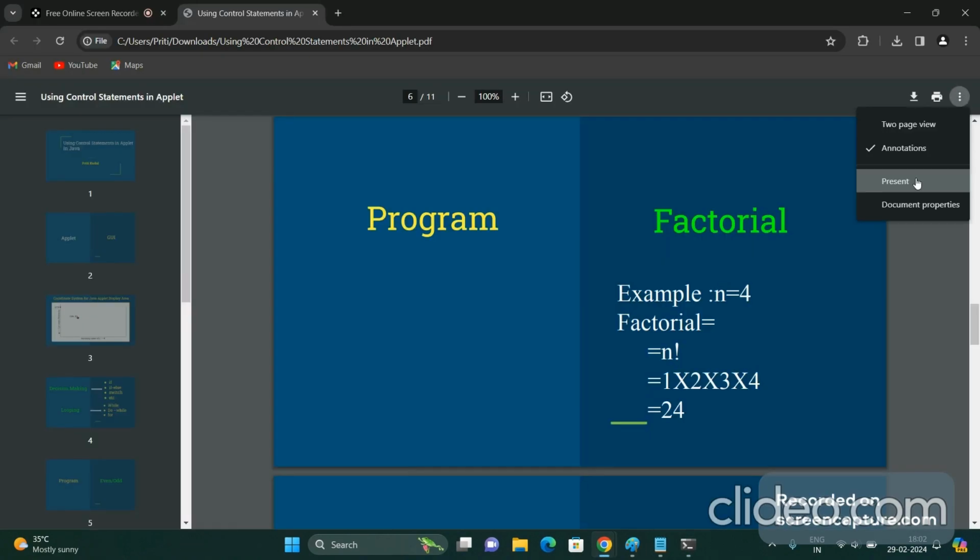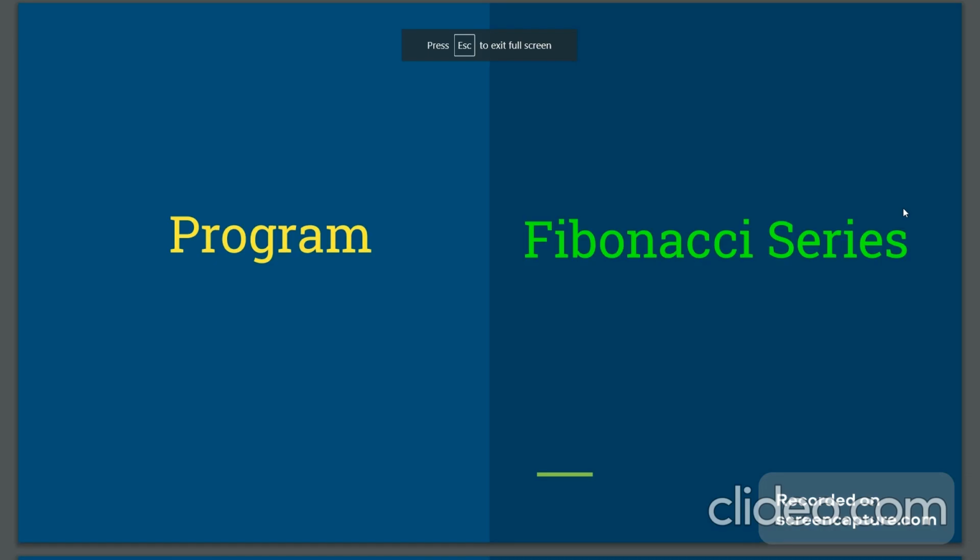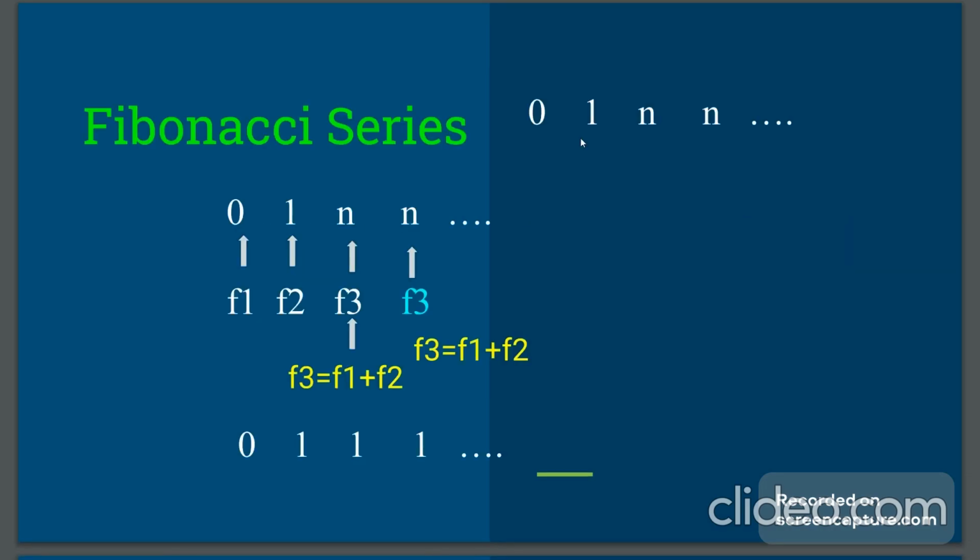program is the Fibonacci series. The Fibonacci series means the series which always starts from 0 and 1, and every next number is a new number, and every next number is always the sum of the two previous numbers.